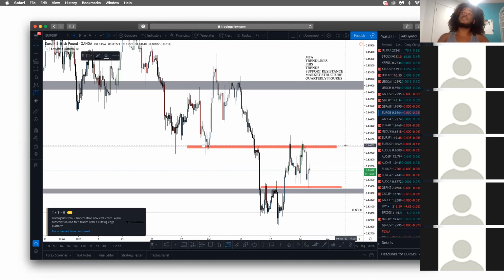Now let's see what's the difference between 1 cent. So the difference of 1 cent is 100 pips on your GBP, right? So if you could predict the movement of 1 cent on your GBP, then you could get 100 pips.